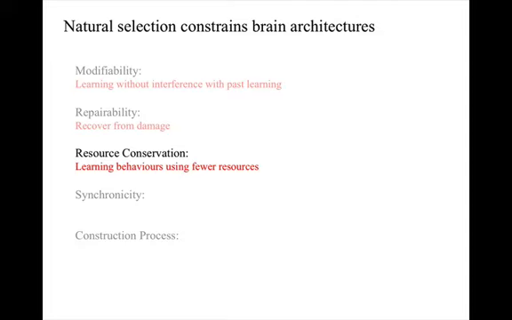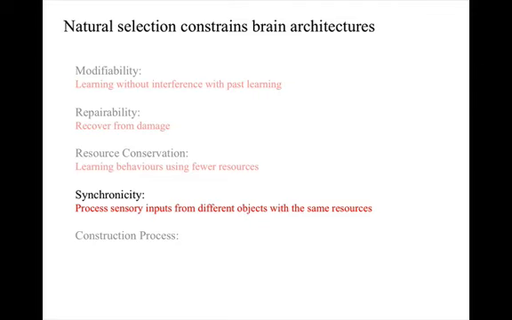If some species has a brain that can learn a given set of behaviors with fewer resources, like neurons, than the brain of another species, the species needing fewer resources will again have a considerable natural selection advantage. It won't have to find as much food to feed its brain, even though its brain performs just as well.